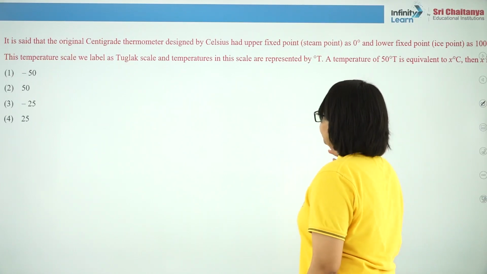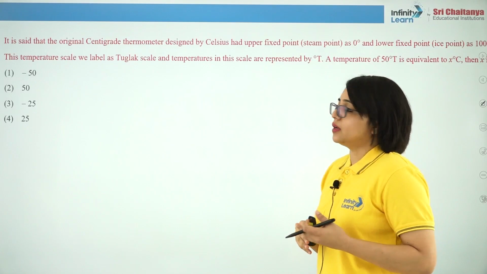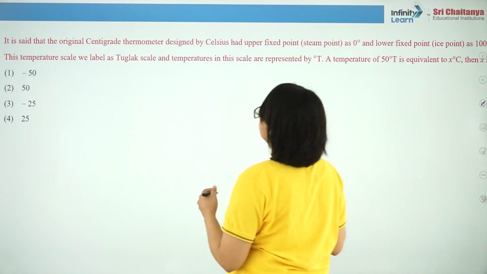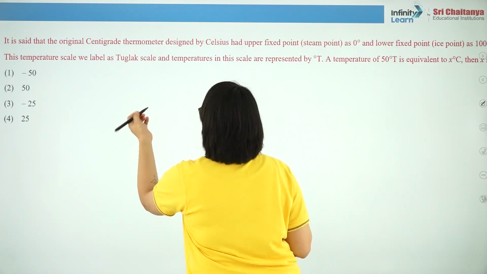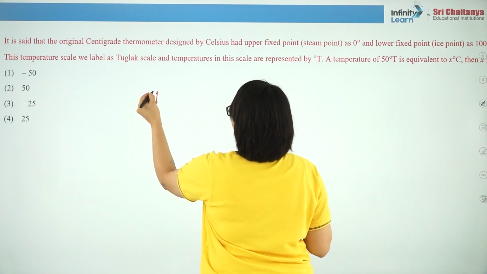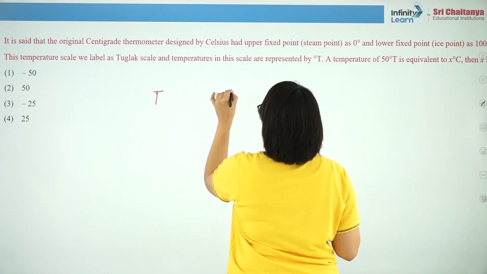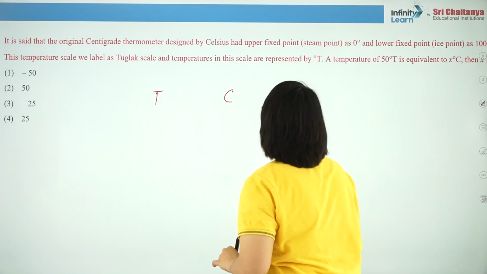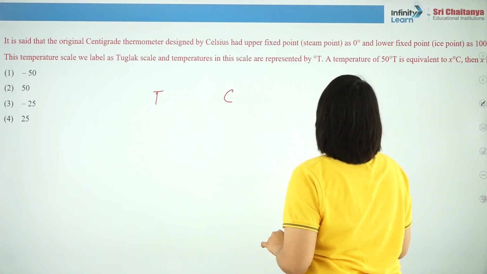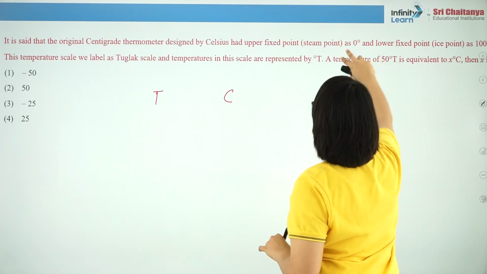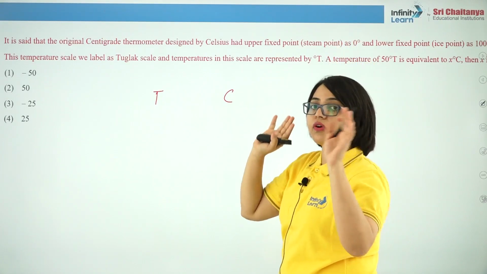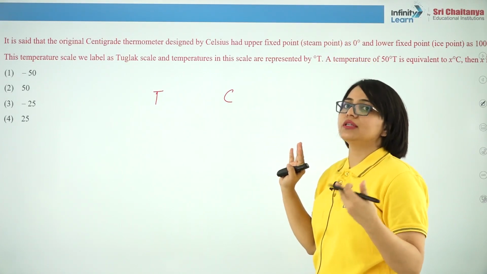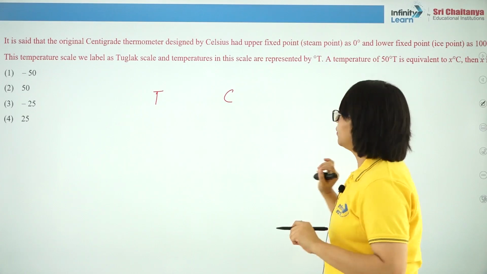So, let us apply the standard formula for conversion. Let us apply this formula for Tughlaq scale as well as for degree Celsius scale, right. Lower fixed point for Tughlaq is 100, whereas upper fixed point is 0 degree, but for degree Celsius lower fixed point is 0 and upper fixed point is 100.